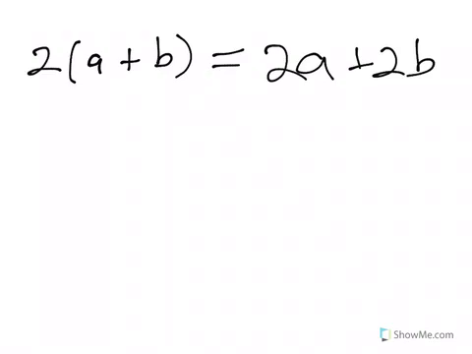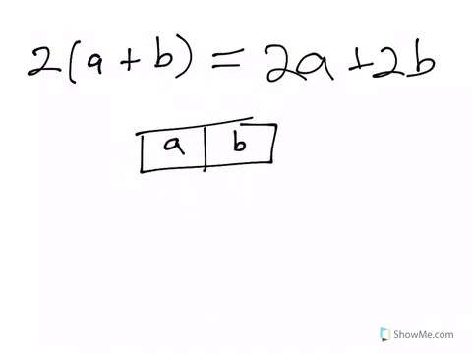So if I have a plus b, how could I model that? Well, I may use a tape diagram, and I have a and b. Together you have a plus b, right? They're added together. The expression here, which is 2, is basically saying we have a plus b twice.